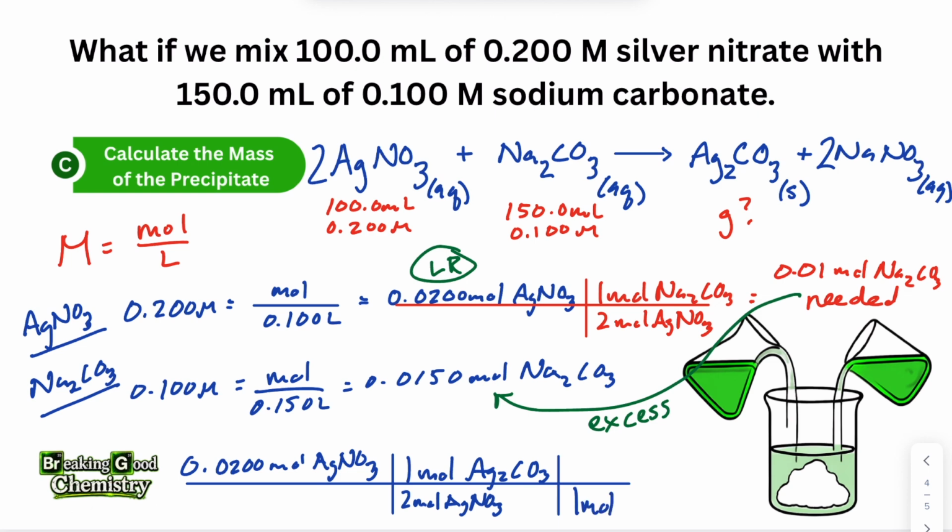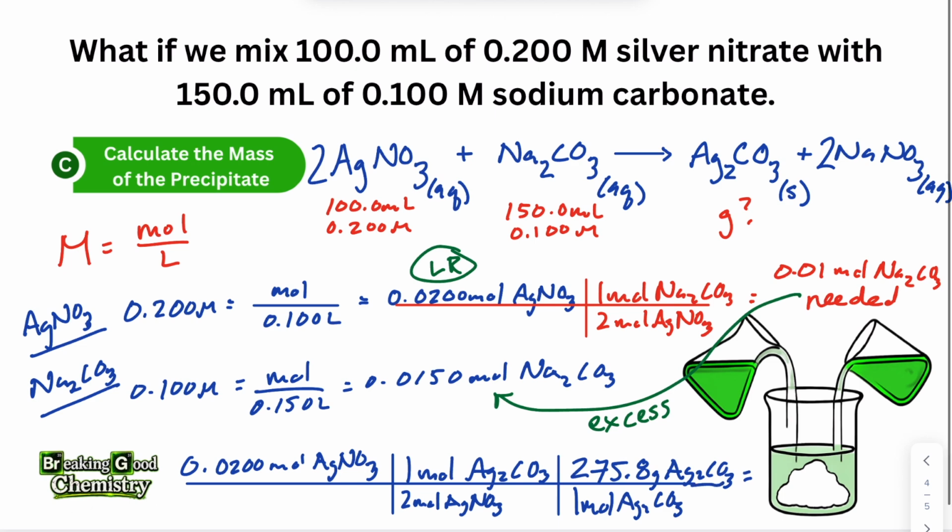Immediately now I want to know what 1 mole of Ag2CO3 is with a molar mass. So if you take 2 silvers, a carbon, and 3 oxygens, you get 275.8 grams of silver carbonate.